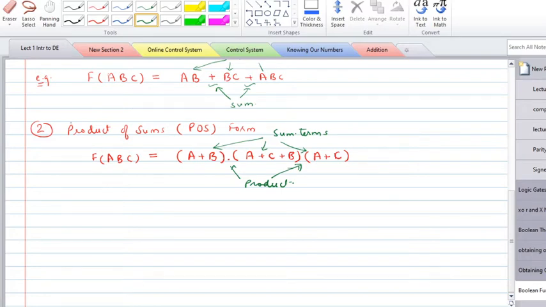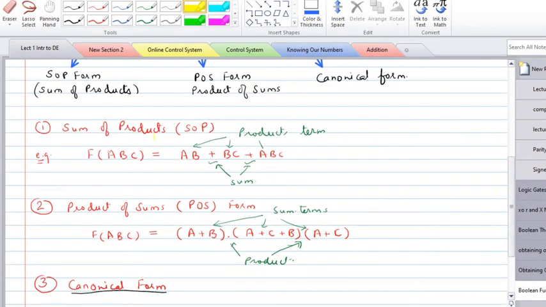Now the third is canonical form. Before discussing canonical form, look at these two functions first, your sum of product form and your product of sum form.